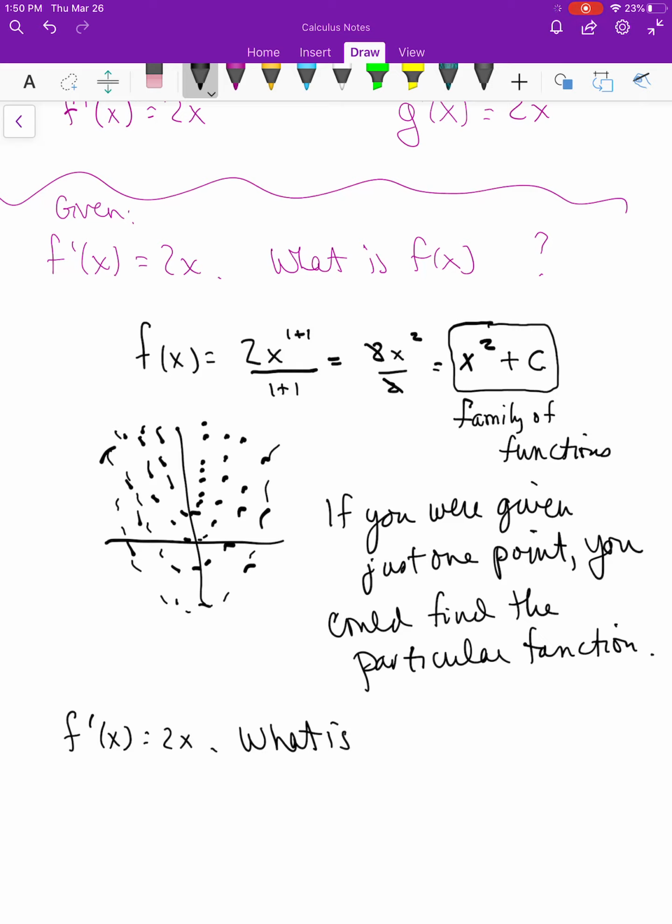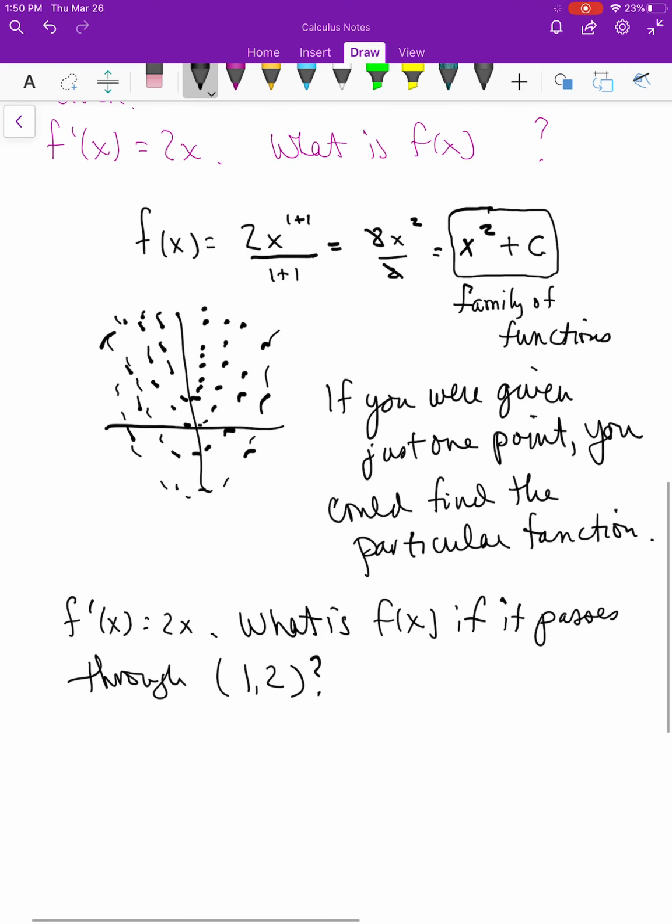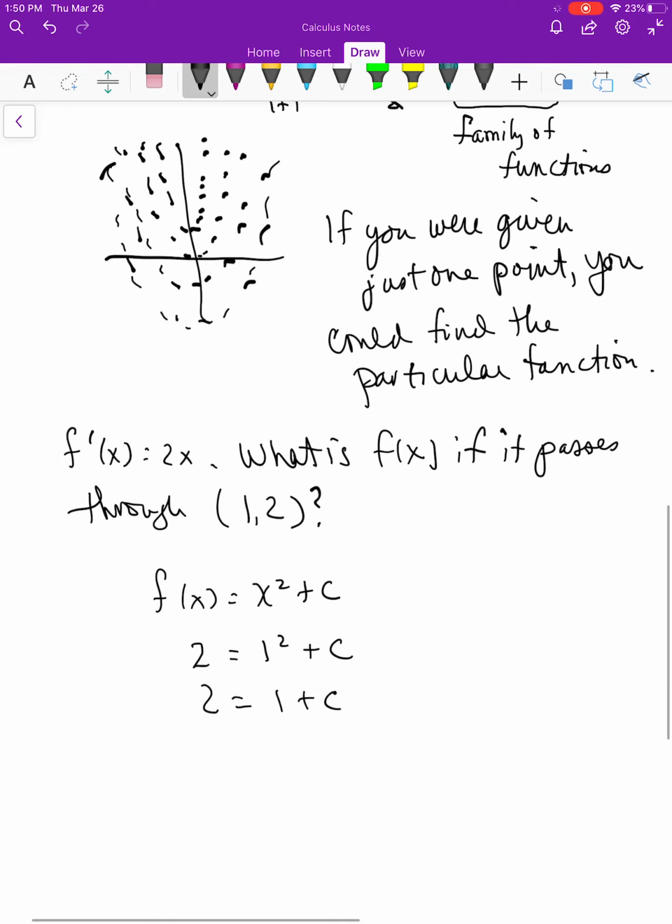But if I would have said that f prime of x is 2x, what is f of x if it passes through 1, 2? I could have worded it like that. Then I still would have said that my f of x was x squared plus c, but then I would have put in 2 equals 1 squared plus c.